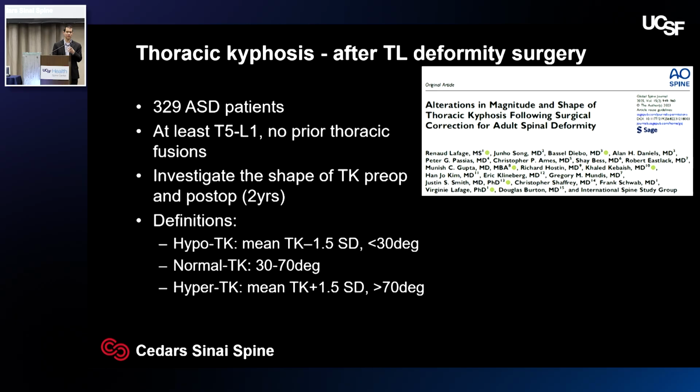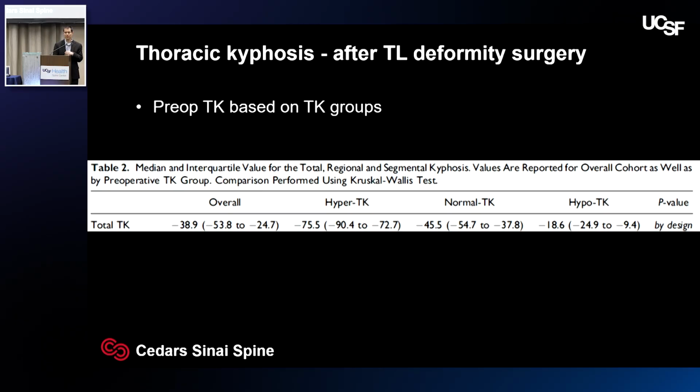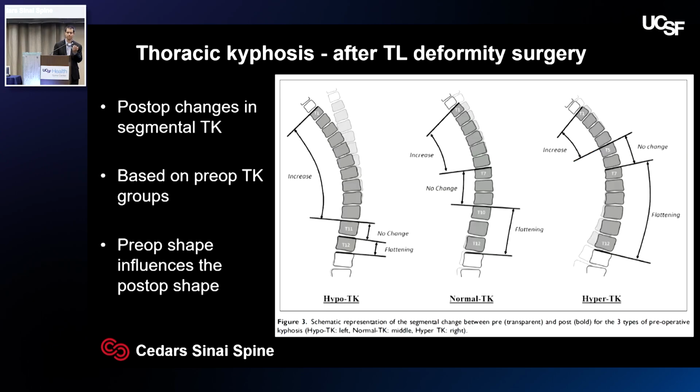It was the mean of the cohort plus or minus 1 standard deviation, or 1.5 standard deviations. That's why you have those numbers there: less than 30 degrees for hypo, and greater than 70 degrees for hyper, at least in this cohort. Here's the median and interquartile range. It's around 40 degrees for the normals, around 75 for the hypers, and 18.6 for hypo.